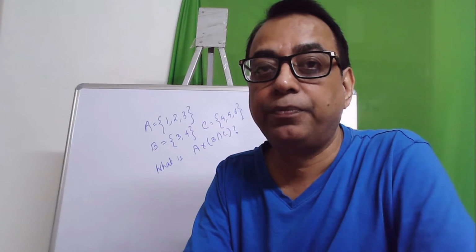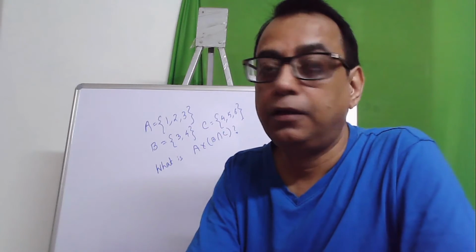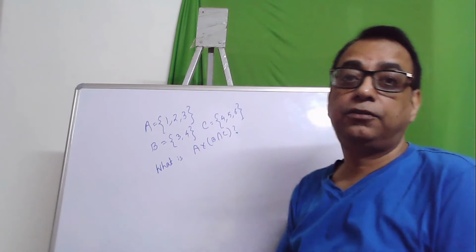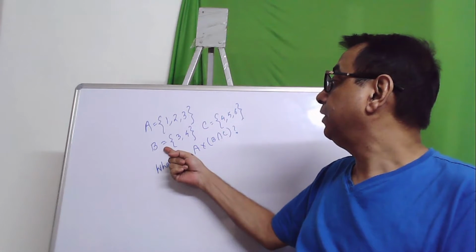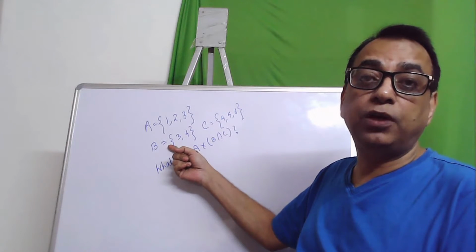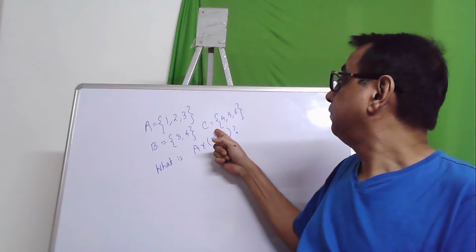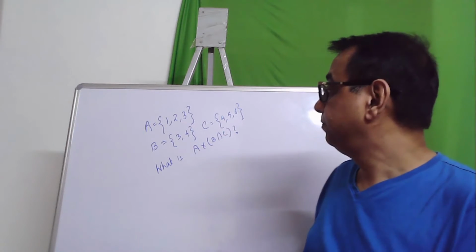Let's take one example and solve the problem. Here it is given that A is a set of three elements 1, 2 and 3. B is a set of two elements 3, 4, and C is a set of three elements 4, 5 and 6.